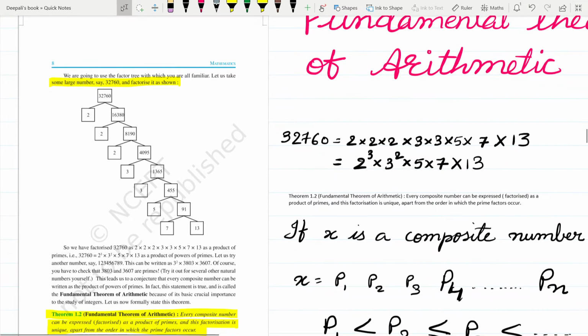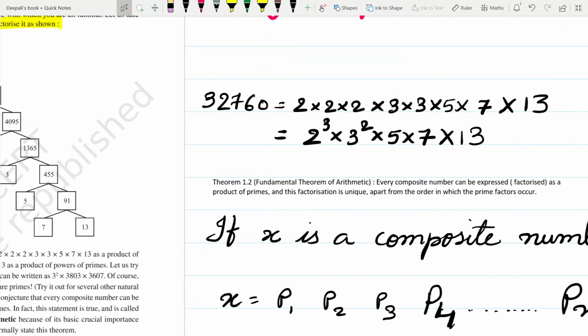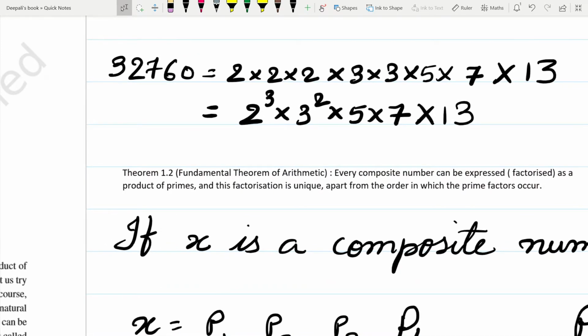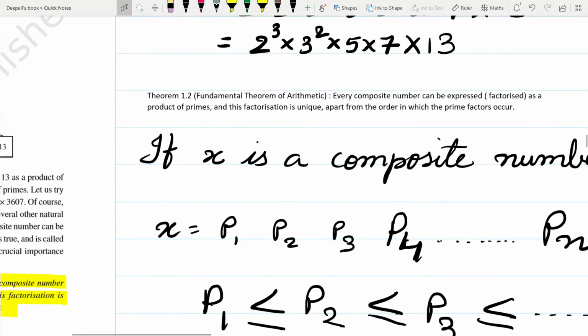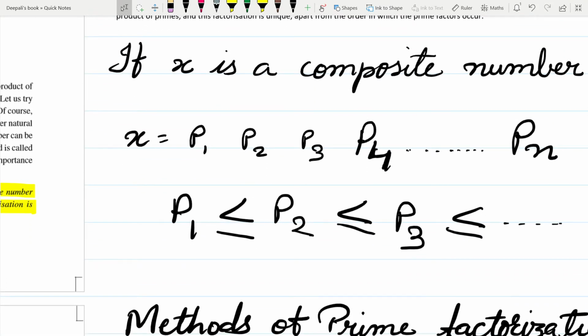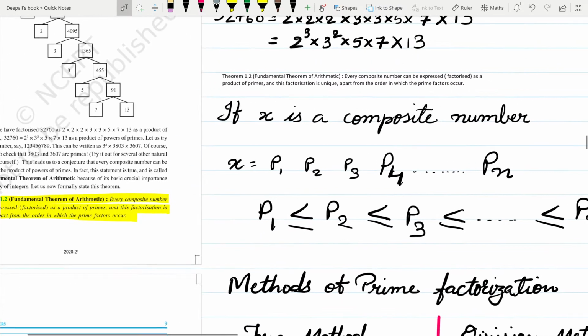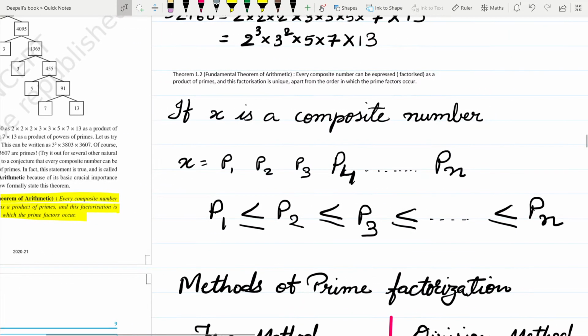We know that the fundamental theorem of arithmetic says every composite number can be expressed or factorized as the product of primes, and this factorization is unique apart from the order in which the primes occur. So in general, if x is a composite number, x can be written as p1 into p2 into p3 into p4 till pn, and the order is ascending, that is p1 less than or equal to p2 less than or equal to p3 less than or equal to, till pn.